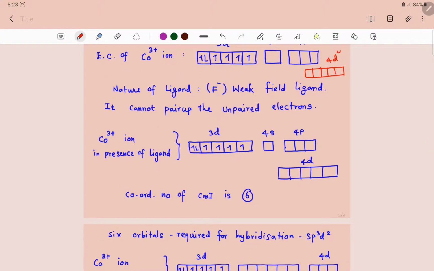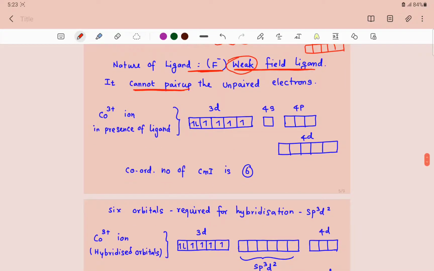Now the nature of the ligand: F minus, fluoride, is a weak field ligand, in the sense that it cannot pair up the unpaired electrons. Look at this configuration, there are 4 unpaired electrons and they cannot be paired up in the presence of fluoride, so the d orbitals keep the same configuration and only the other orbitals can take part in hybridization.